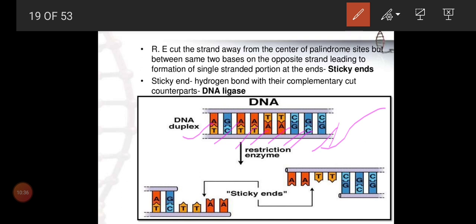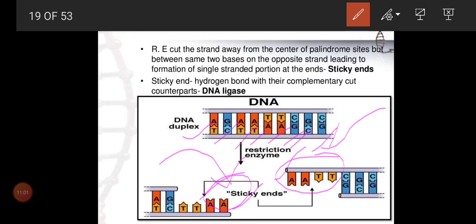It will help to cleave both strands. This is one strand, this is another strand. So both strands will get one end each. Those 2 ends we call sticky ends. Into this sticky end we are going to introduce our gene of interest with the help of DNA ligase.